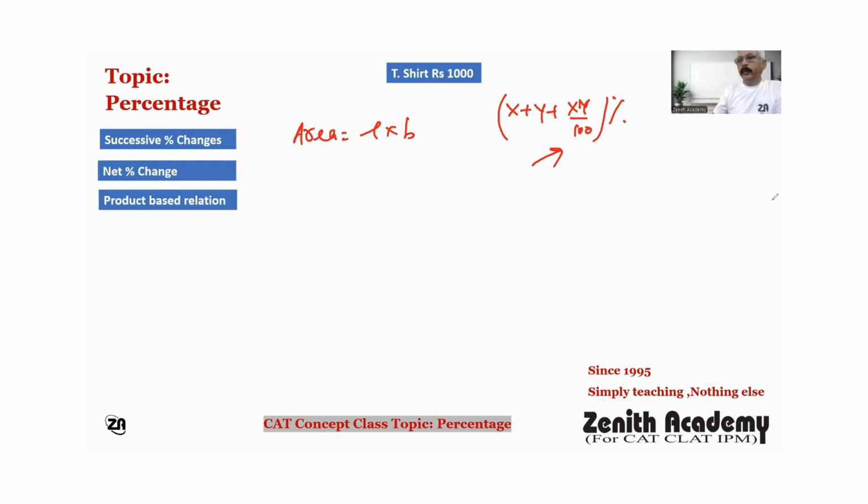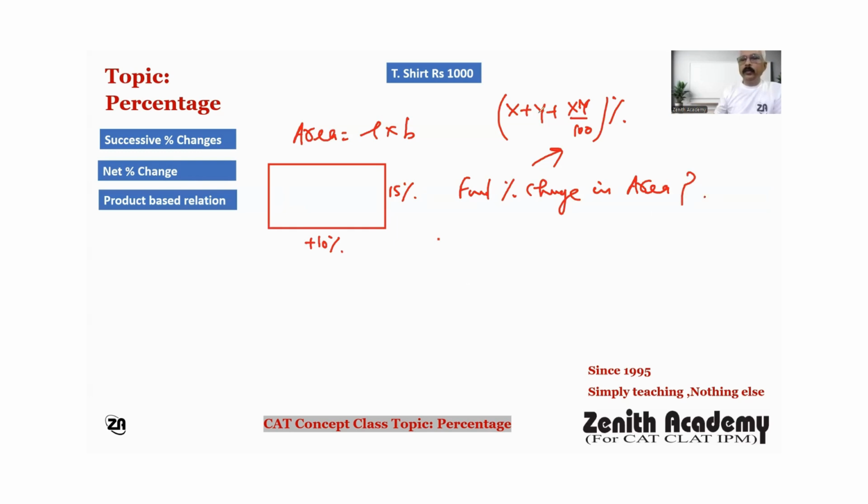For example, there is a rectangle, and its length is increased by 10%, and suppose the breadth is increased by 15%. So the question is, find the percentage change in area.